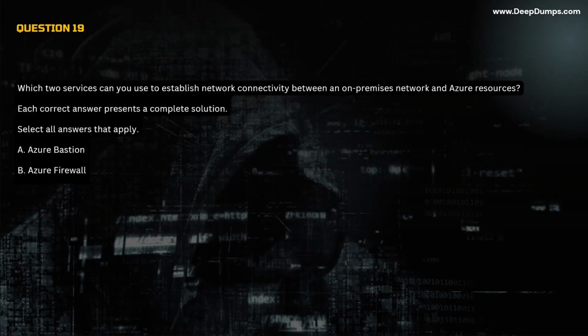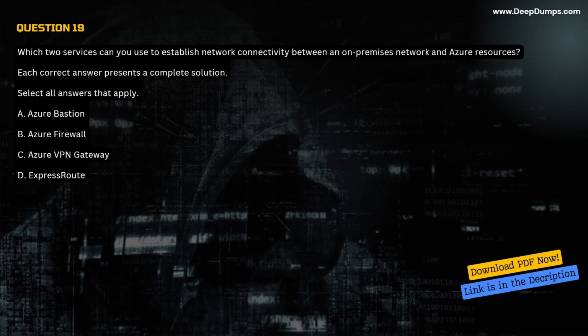Question 19. Which two services can you use to establish network connectivity between an on-premises network and Azure resources? Each correct answer presents a complete solution. Select all answers that apply. A. Azure Bastion. B. Azure Firewall. C. Azure VPN Gateway.